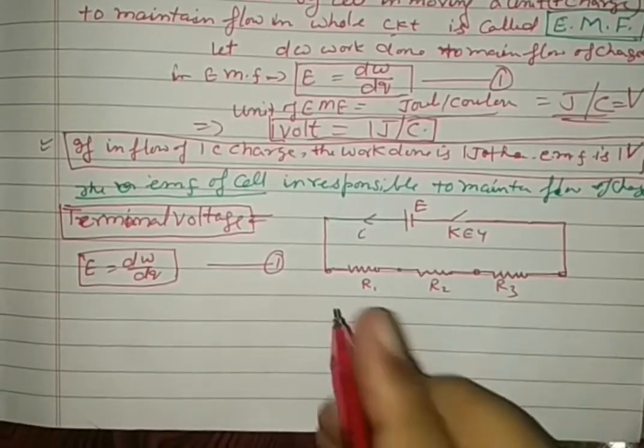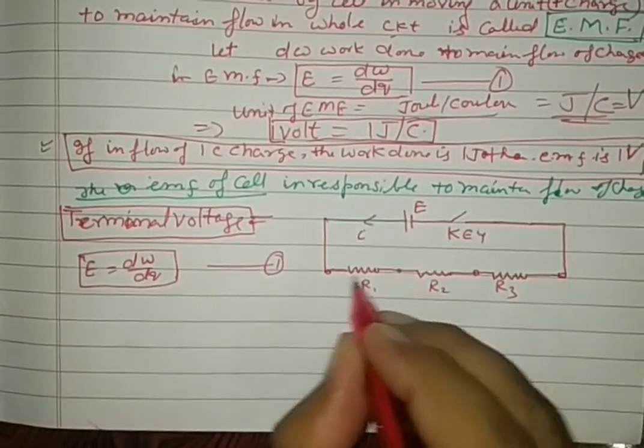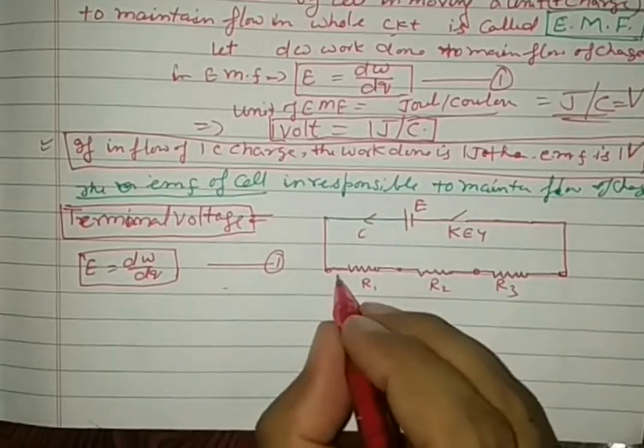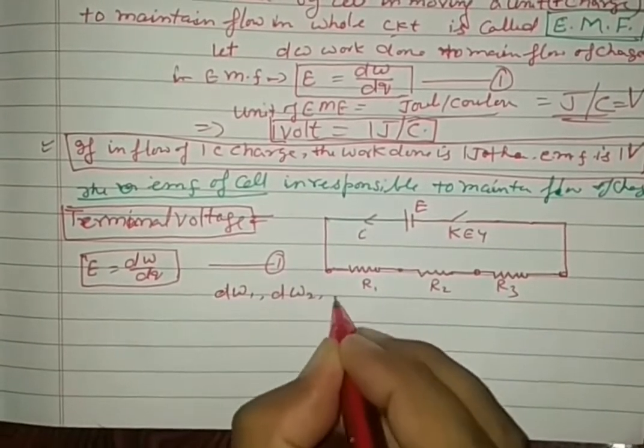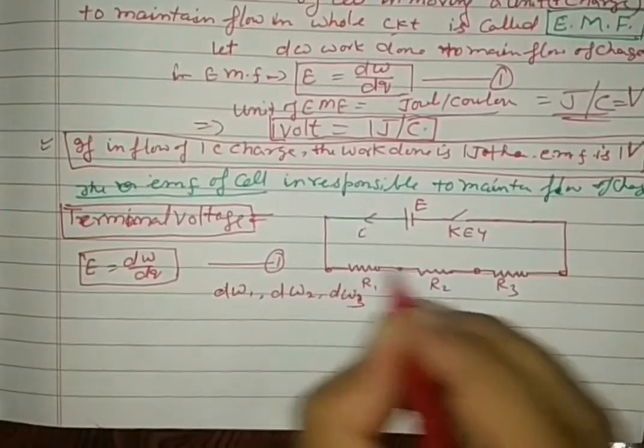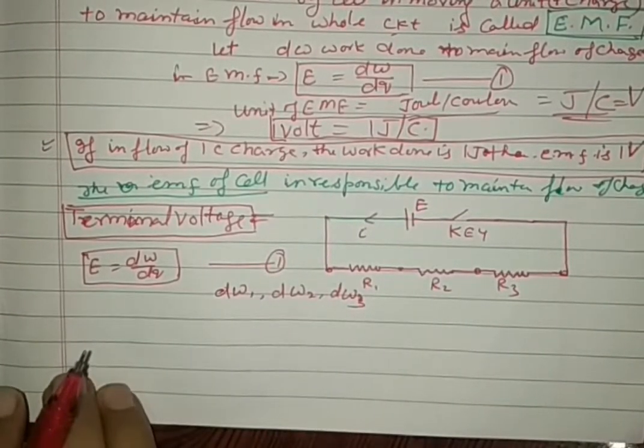Let the amounts of work done in these resistances be dW1, dW2 and dW3.